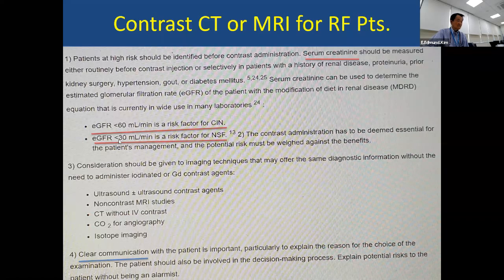And if it's less than 30, then we have to worry about some potential problems. So if there's any underlying known renal disease and GFR is low, try to avoid the contrast, CT or MRI. That's the basics.